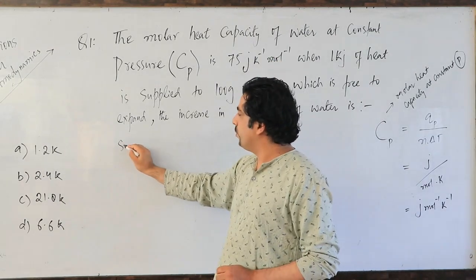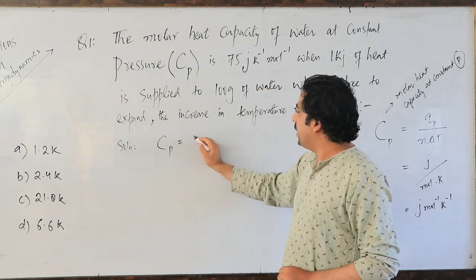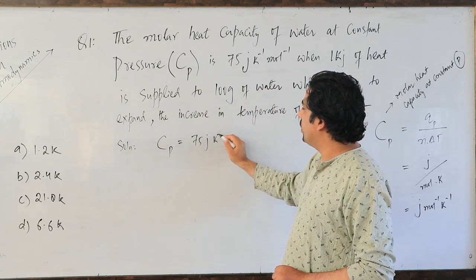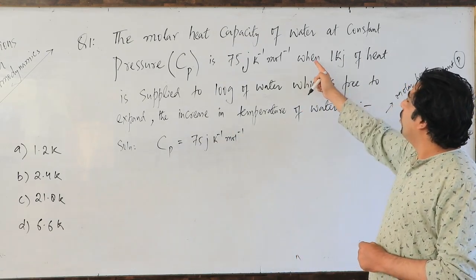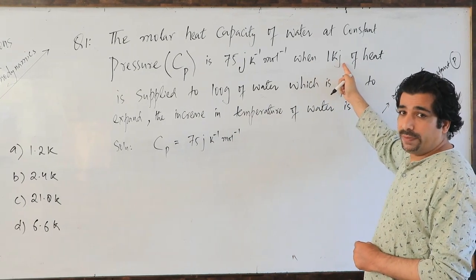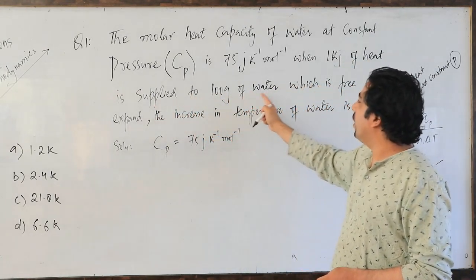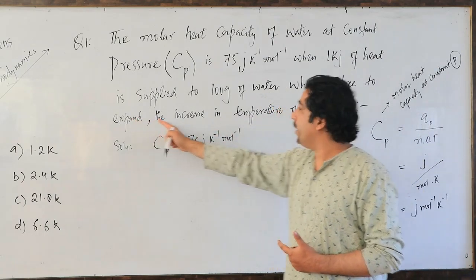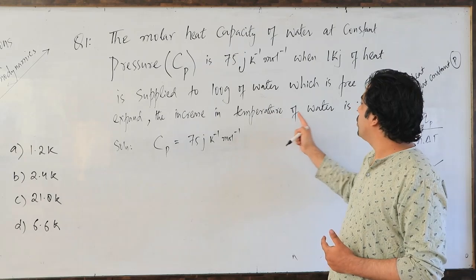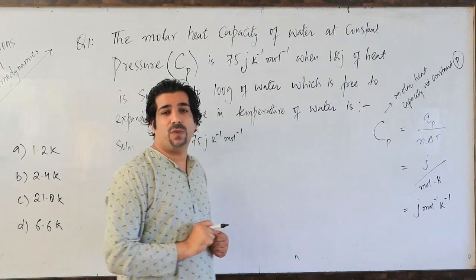So let's do the solution for this problem, my dear friends. We have Cp with us, that is 75 joules per Kelvin per mole. Now when 1 kilojoule of heat is supplied to 100 grams of water, which is free to expand, we have to calculate the increase in temperature of water.